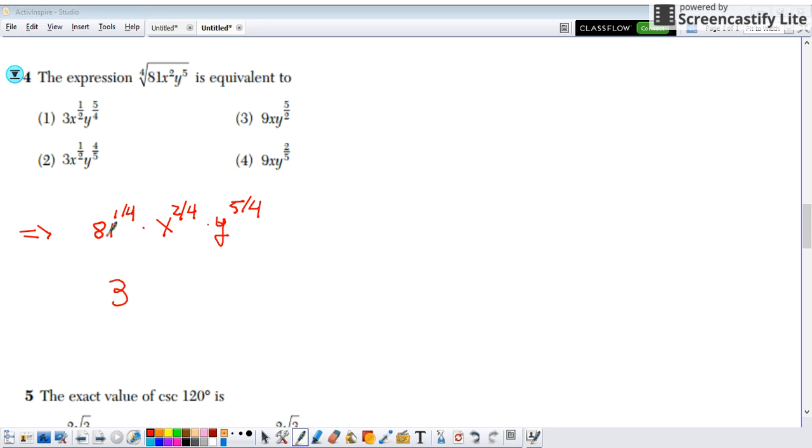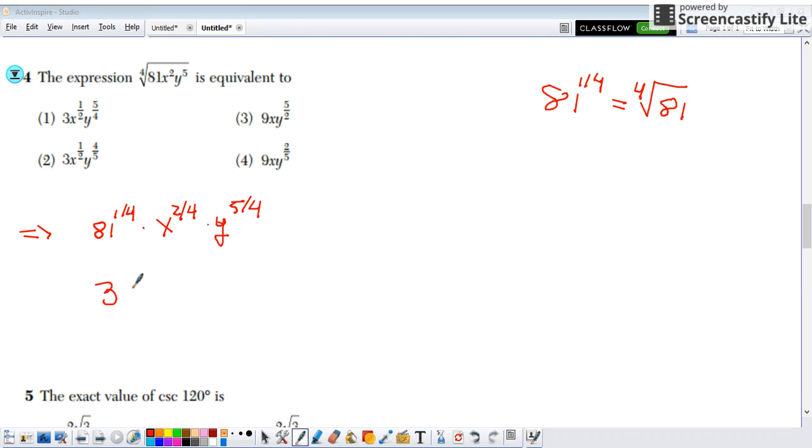We're looking for the fourth root of 81. So how do we get 3? 81 to the 1/4 is equal to the fourth root of 81, which we claim to be 3.